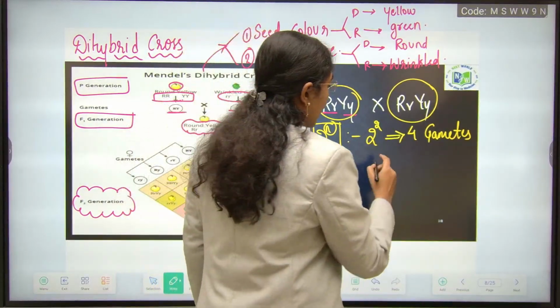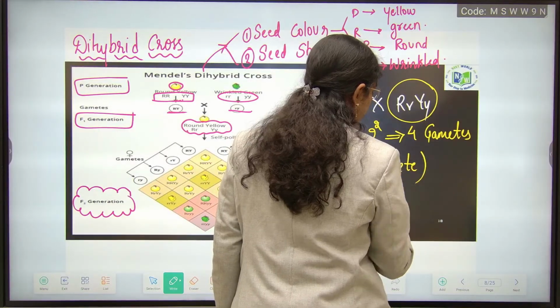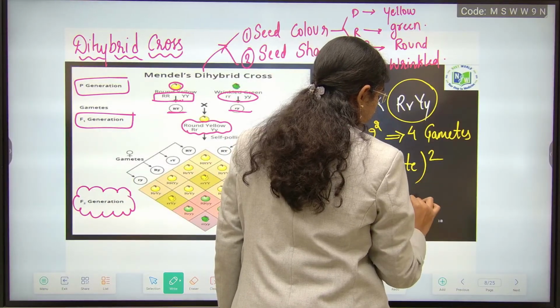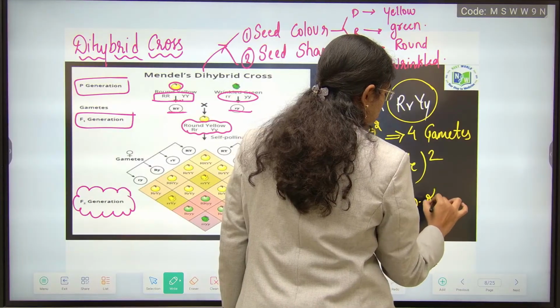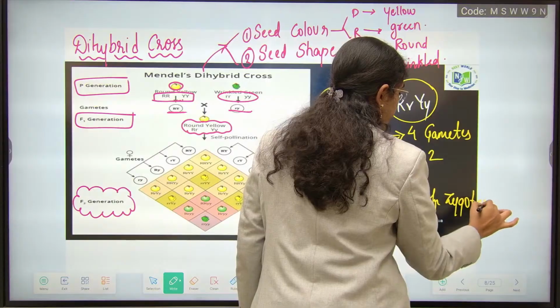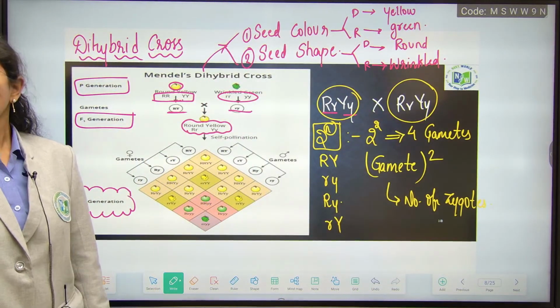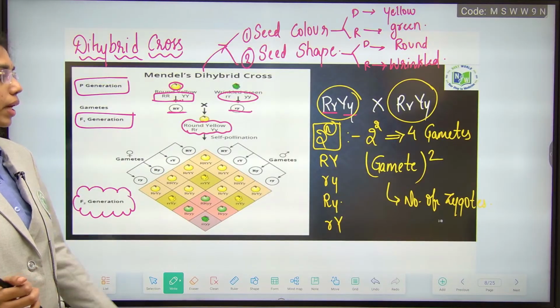Now gamete square will give you the number of zygotes formed.